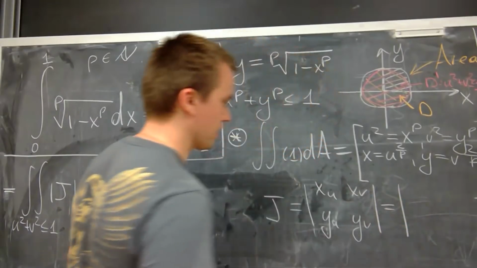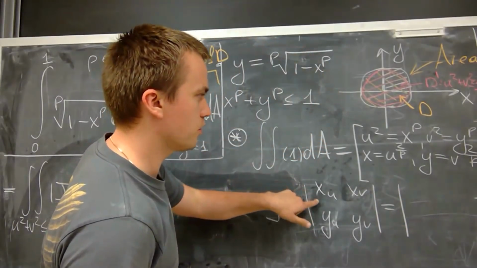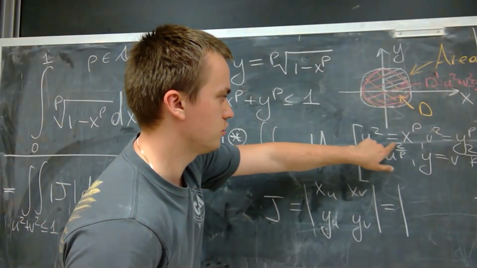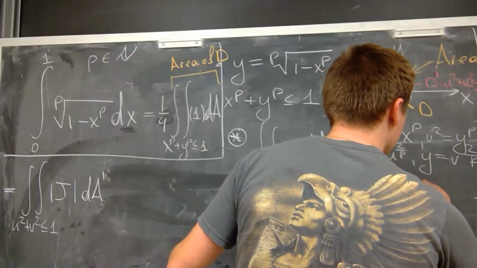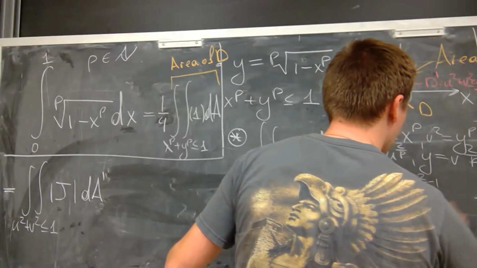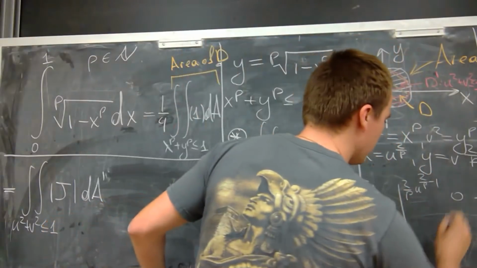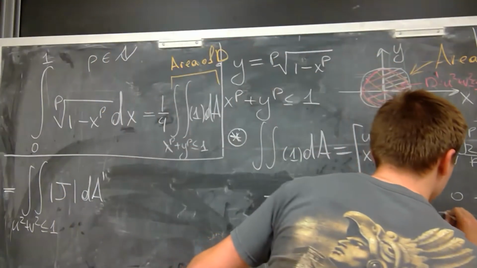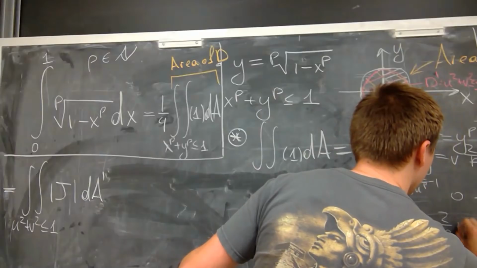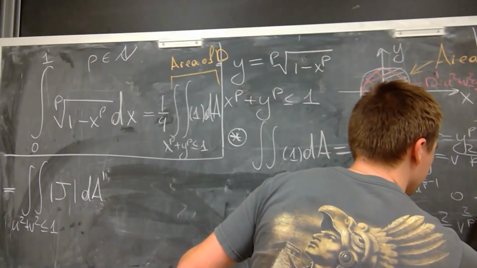And you can check that x partial u is equal to 2 over p times u to the power 2 over p minus 1. Then x partial v is 0, and the same, y partial u is 0, and y partial v is going to be 2 over p times v to the power 2 over p minus 1.